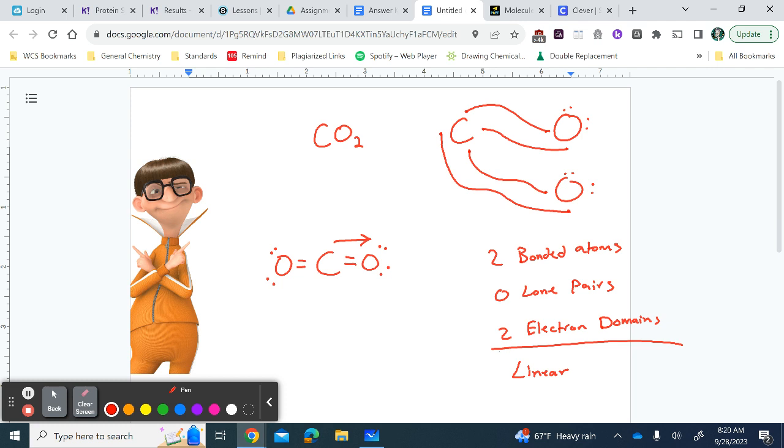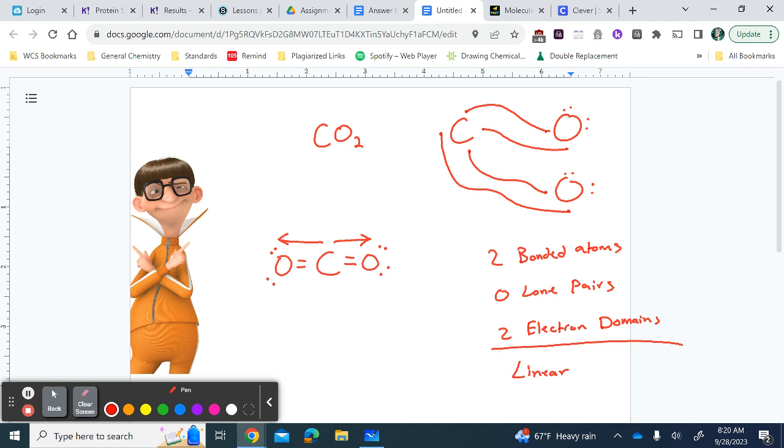But we have 2 oxygens in this molecule. So we're also going to be having electrons pulled in that direction from our carbon. Remember, they're still sharing the electrons, so we aren't taking these electrons away like an ionic bond would, but we're having pulling in both directions of this carbon-oxygen bond.